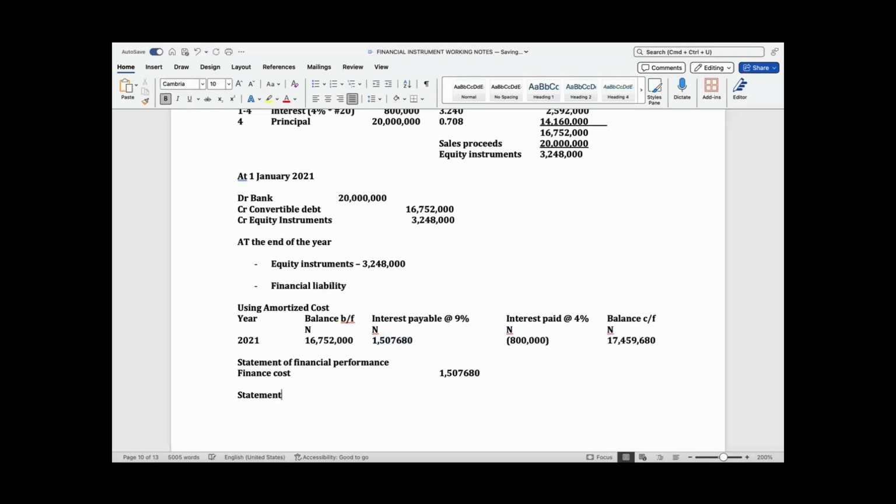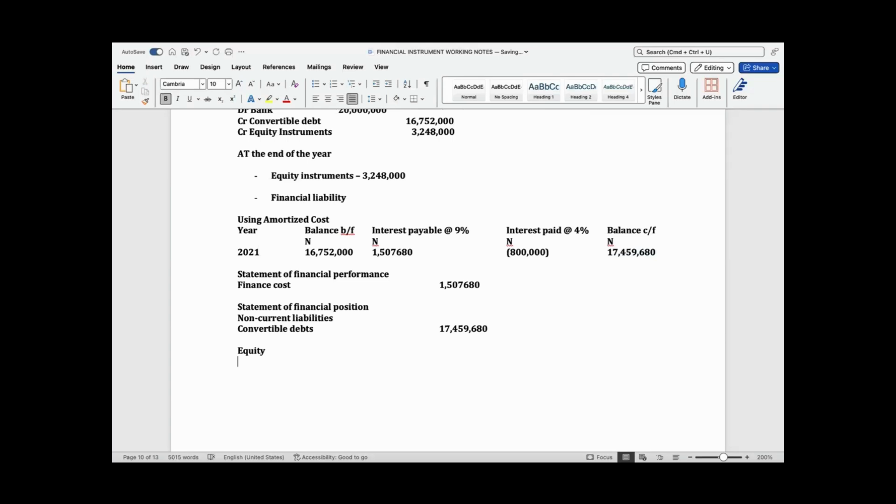Why in my statement of financial position under non-current liabilities, I will have my convertible debts. This is the balance that will be there. Why under my equity?